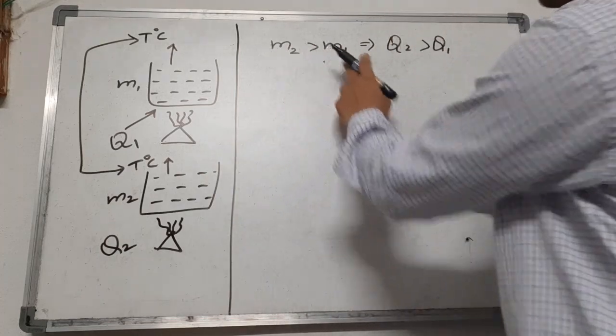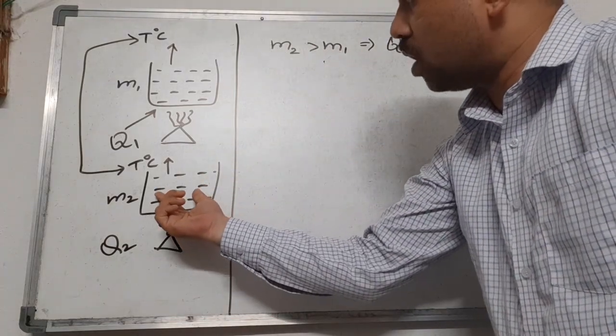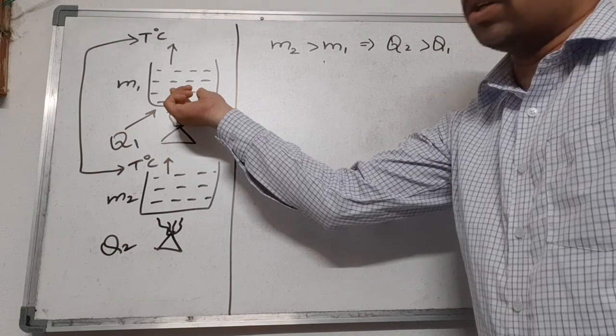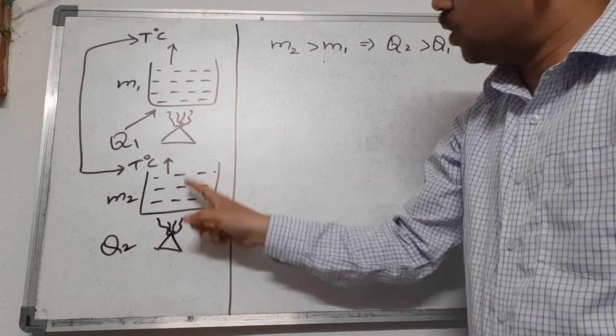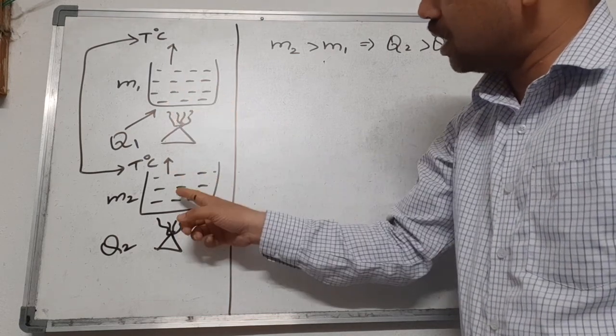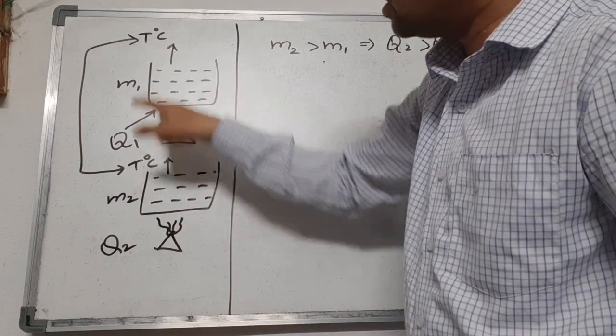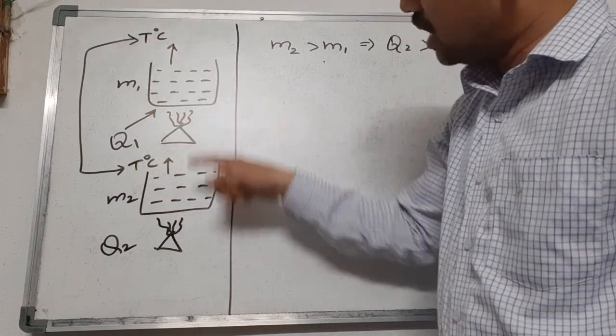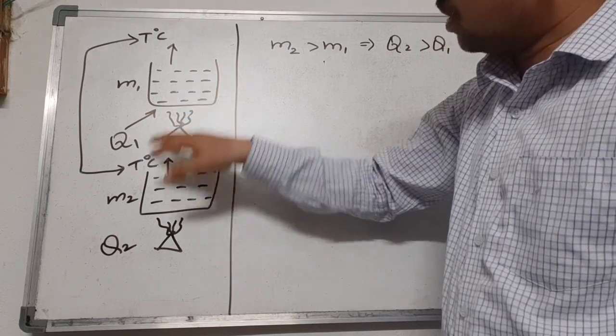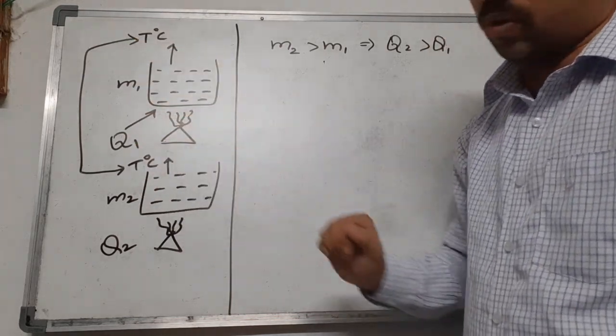In both cases I want to raise the temperature of the water to T degrees Celsius, so the temperature remains constant but the mass is increased. I am taking more water in one beaker and less in the other.